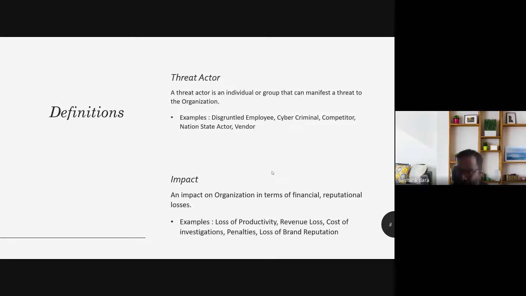There are some early news, of course, still under trial: a hospital got a ransomware attack, and they had to shift a patient somewhere, and then unfortunately the patient eventually died. Now they're trying to investigate whether they can associate that with a cyber attack, right? Or car hacking, an automated car hacking. What if somebody remotely hacks your car, and there are a lot of demonstrations on how a car could be remotely hacked? What if there are human losses due to that? So the impact could be anything.